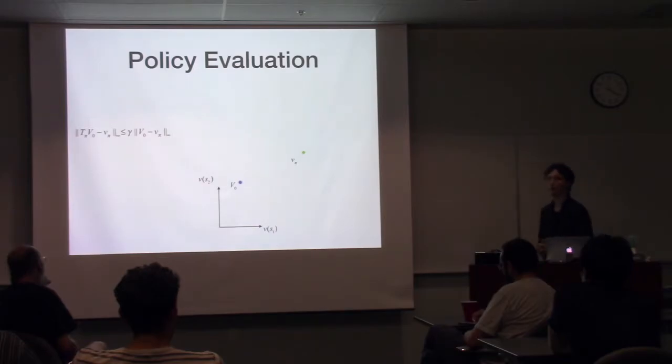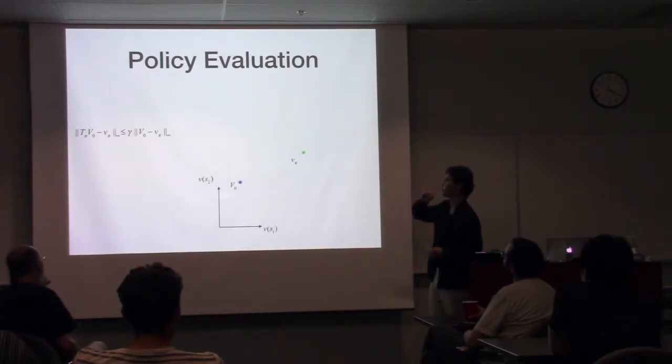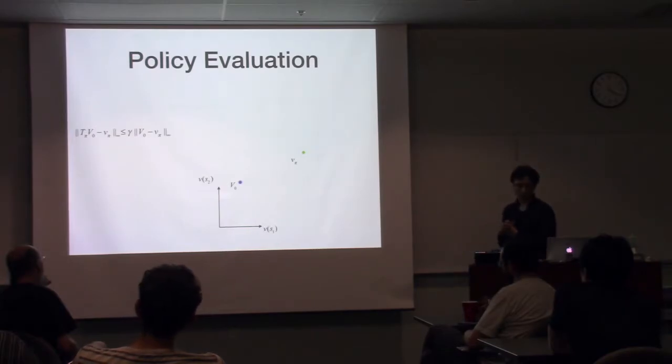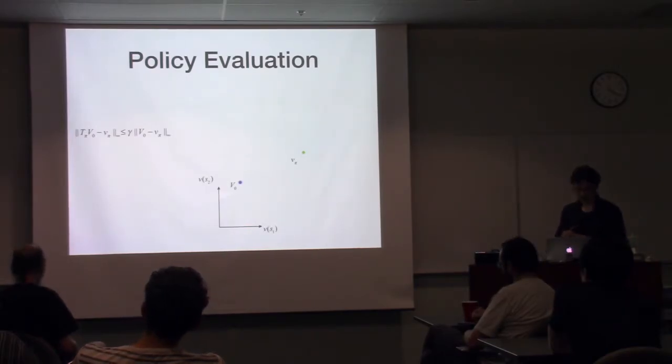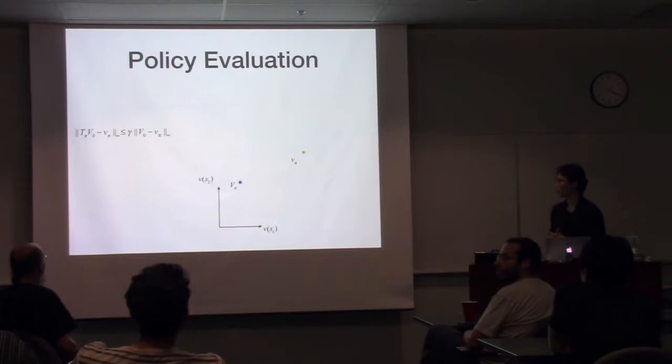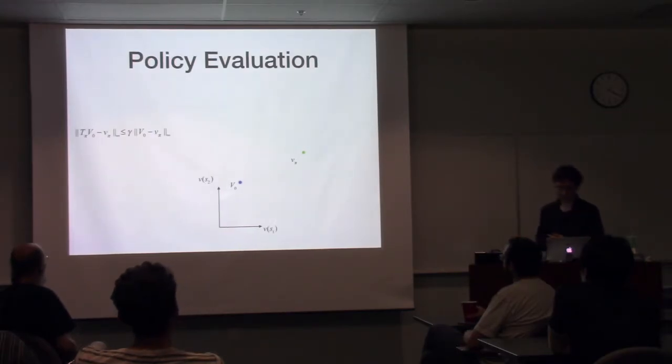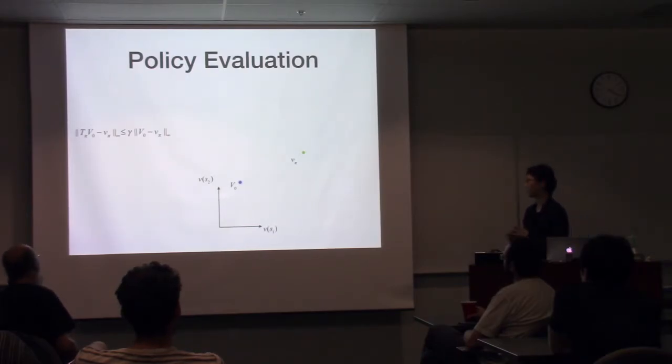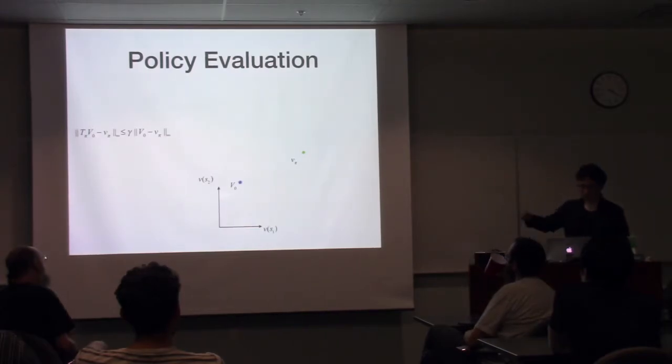Okay, let's start from the simplest case, policy evaluation. I copied the contraction mapping equation here, and I'm going to show its meaning in a graphic way. Let's start from V0, your initial value estimate, and suppose the true value for policy pi is this green dot.